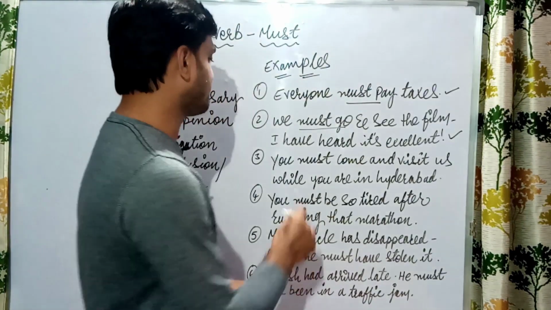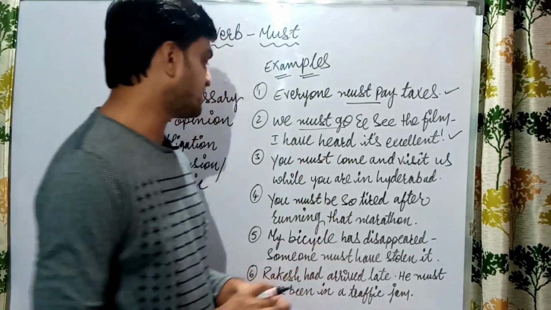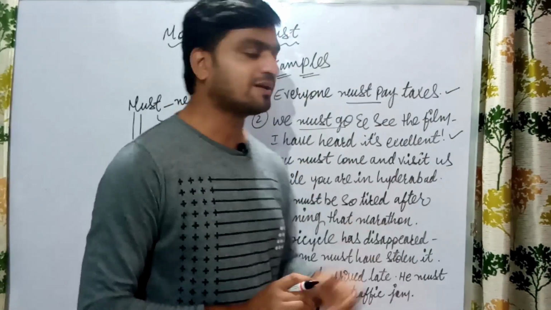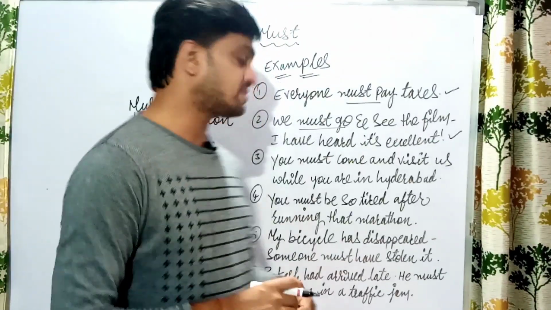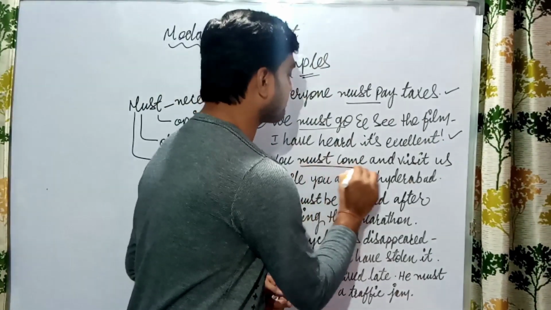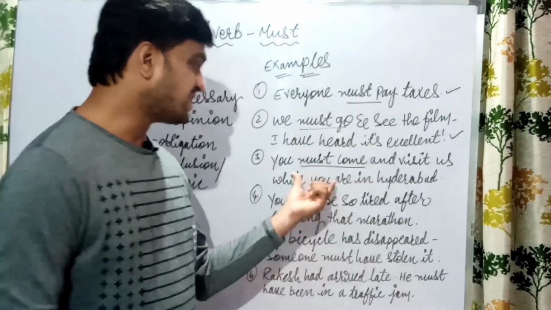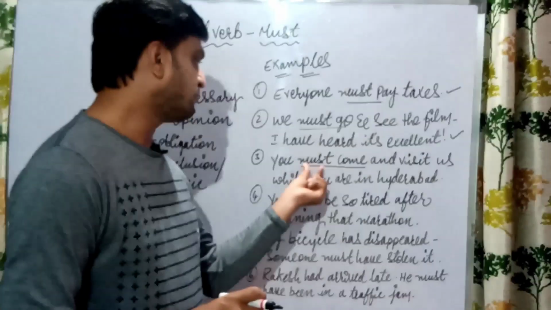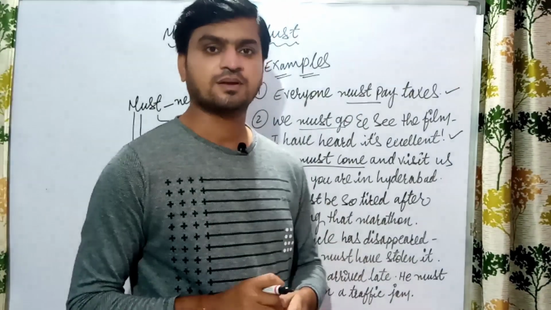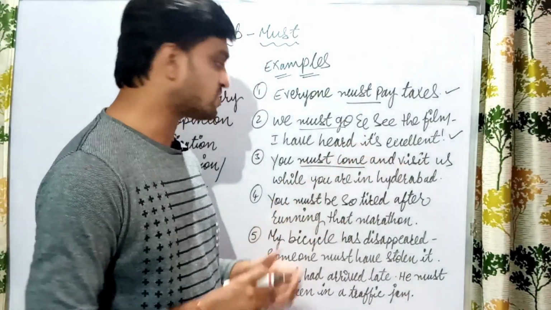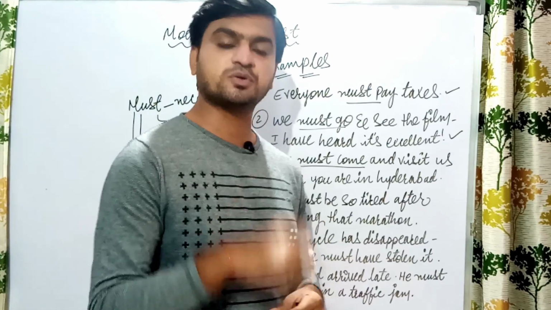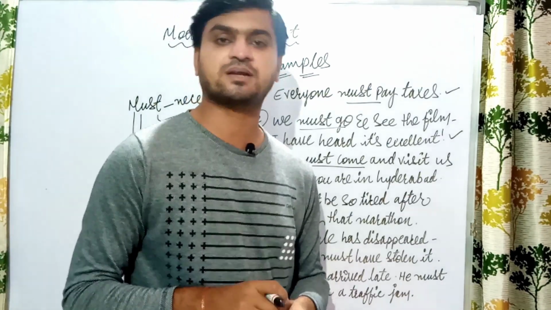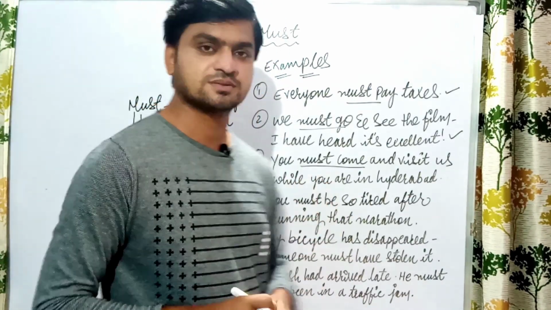And next, third one: you must come and visit us while you are in Hyderabad. In this example we have must come. But what is the sentence overall speaking about? It is speaking about visiting of the people. And what is the expectation here? Whenever you are in Hyderabad, you should come to my house.